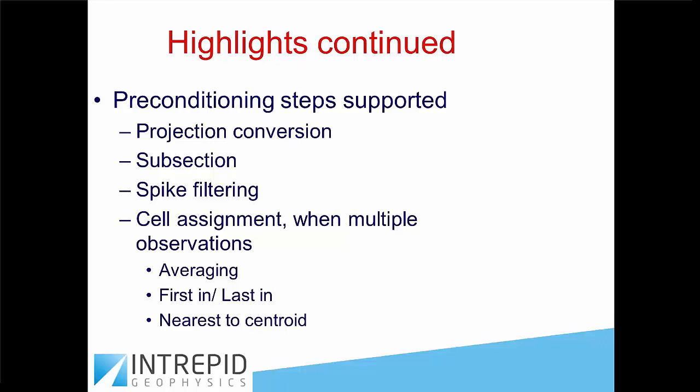And one of the particular features that Intrepid has is a way of managing the observations when there are multiple observations that occur in one cell in the grid that you're about to produce. So we allow you to set first in, last in, nearest to centroid, or averaging, and this is a user settable parameter, and at times that becomes very, very useful.